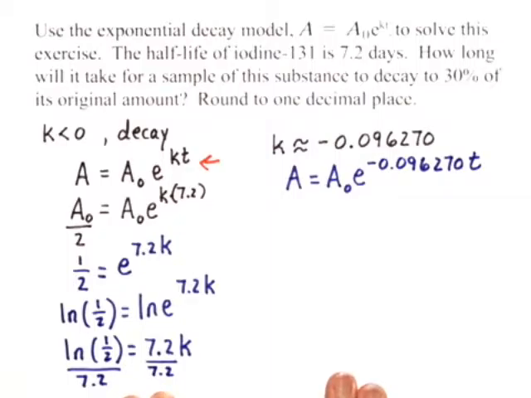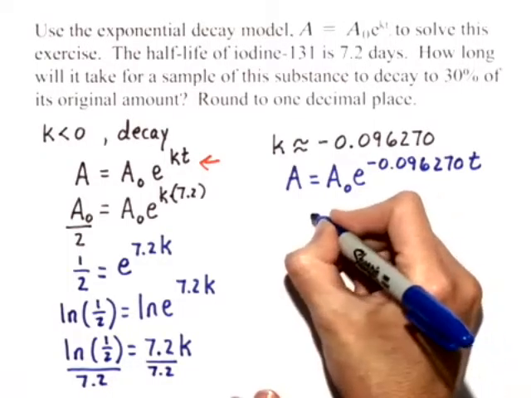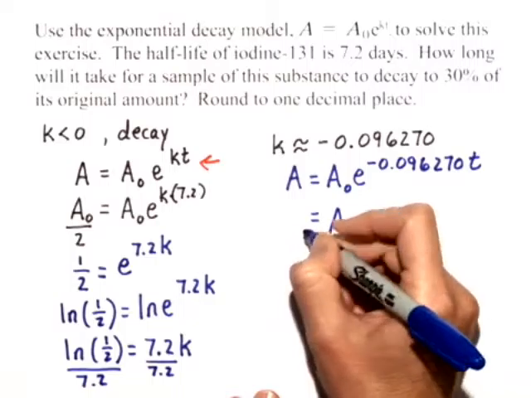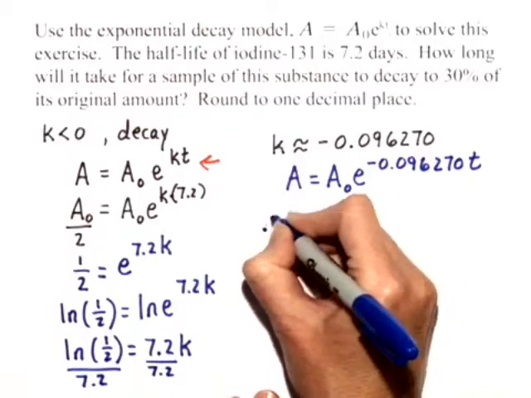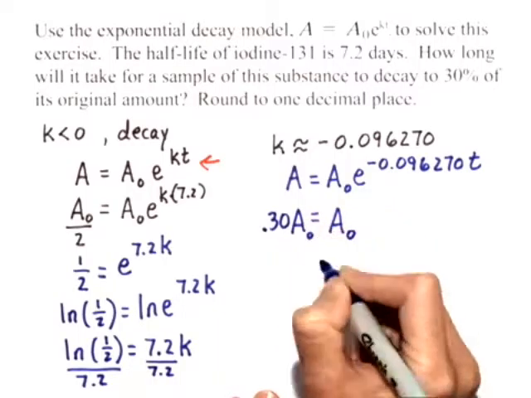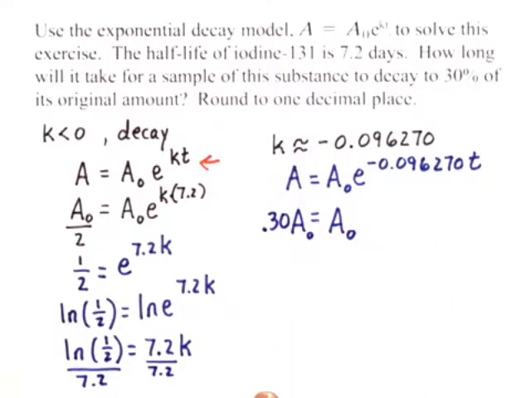The question we have is, how long will it take for a sample of this substance to decay to 30% of its original amount? So, again, we're going to start with the original amount, A sub 0. This time we want it to decay to only 30% of its original amount. So 0.30 A sub 0 is what I'll put on the left-hand side. That's how much we want it to decay to.